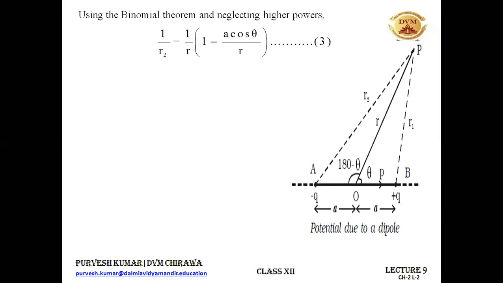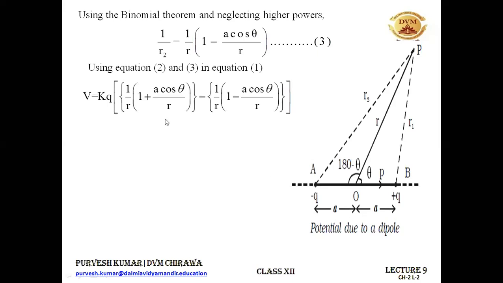So you have written equation number 1, that is V equal to KQ, and inside the bracket 1 upon R1 minus 1 upon R2. We will be using the values of 1 upon R1 and 1 upon R2 in equation number 1. So the final equation becomes like this.